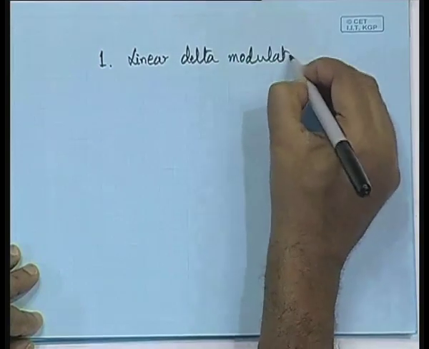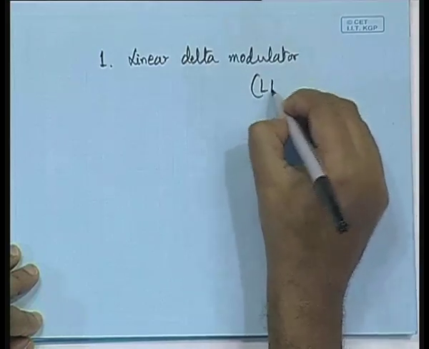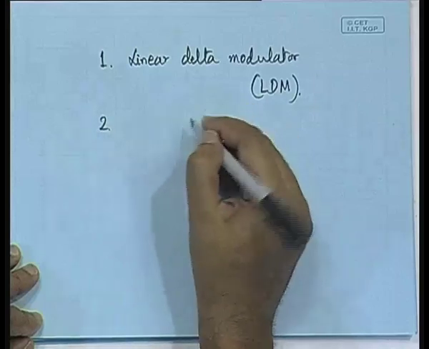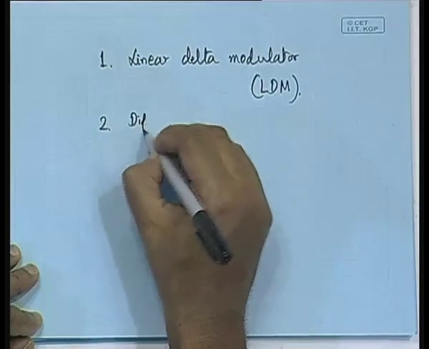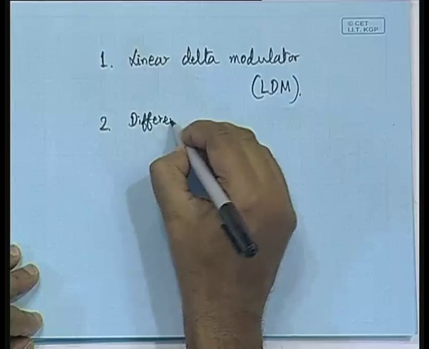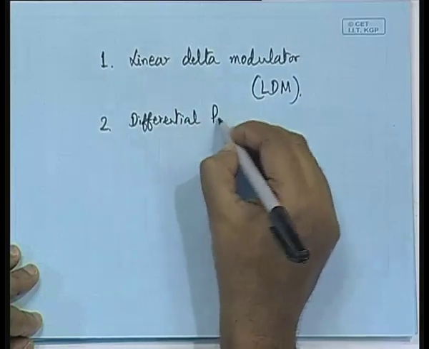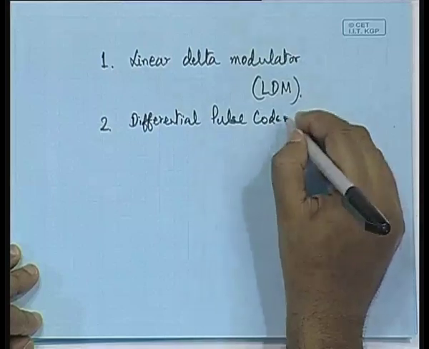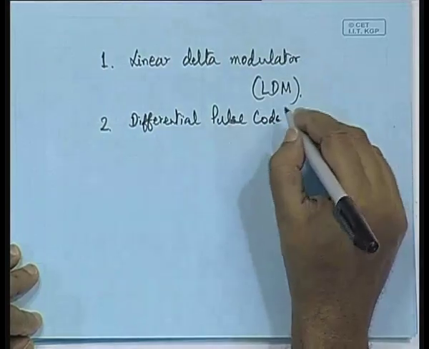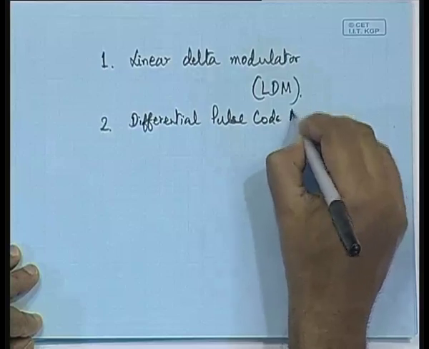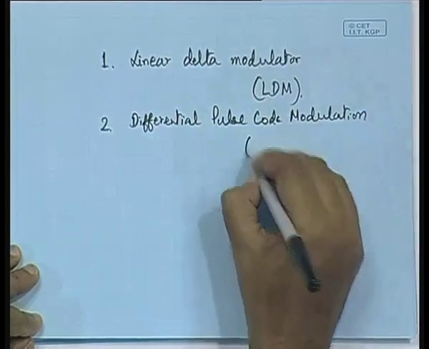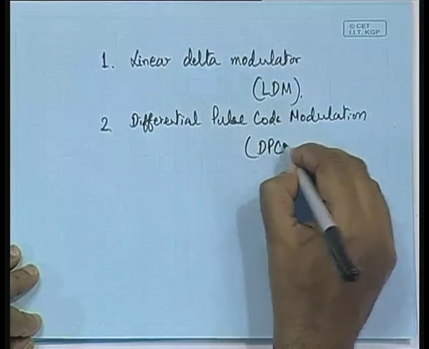And we are going to call that the LDM, and the other is the differential pulse code modulation, which is a multi-level quantization for the differential signal. So, differential pulse code modulation, in short form, is called DPCM.